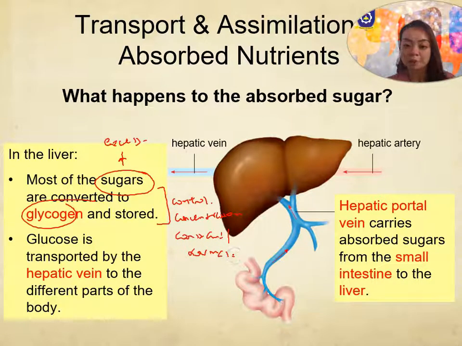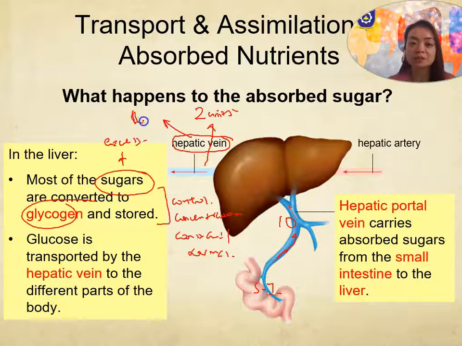All right, so I remember I shared with you what the liver actually does. For example, if the liver has, let's say, 10 units of glucose coming from the small intestine, and the rest of the body only needs 2 units of glucose, that means I only want 2 units of glucose to be inside the hepatic vein, transporting it to the rest of the body.